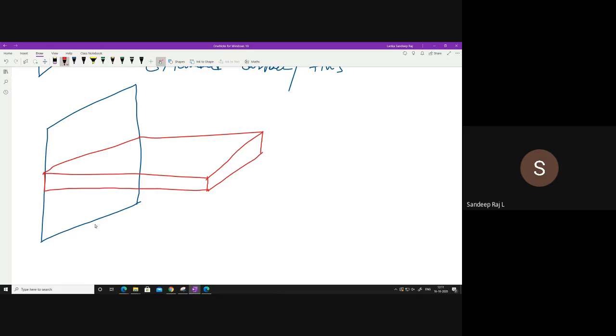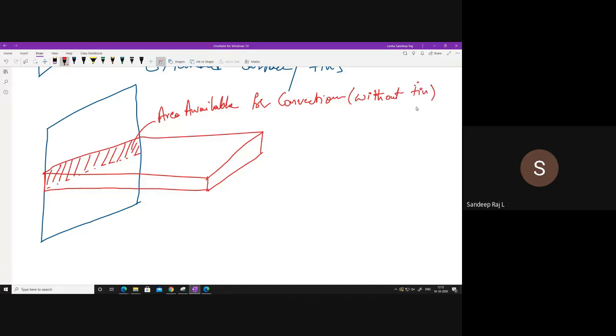Now what happened previously, you used to have only this much area available for convection here. Previously, instead of writing previously, if I write without fin, it will be more appropriate.